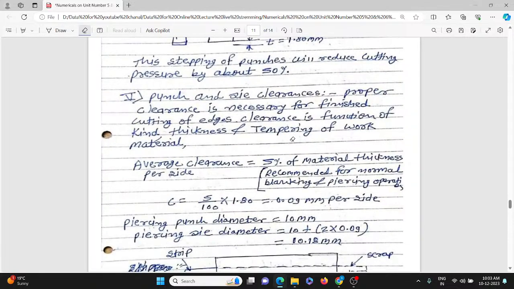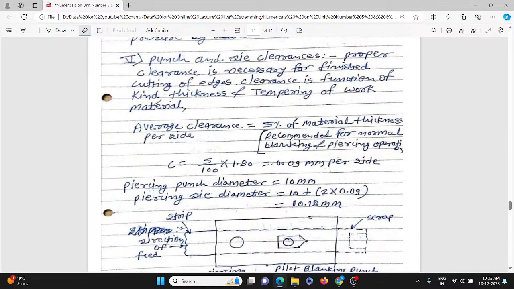So next thing, that is punch and die clearance. Again the standard formulas are there. Average clearance per side is 5% of material thickness, so from that you can calculate the average clearance per side.